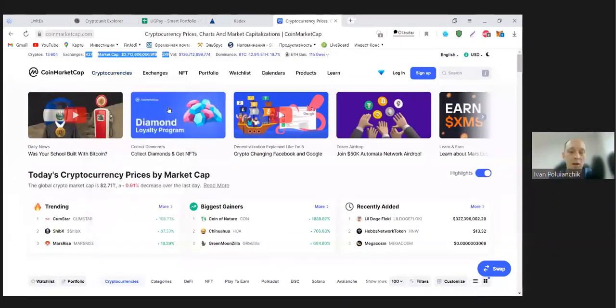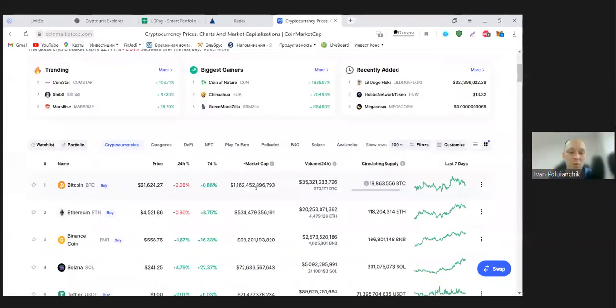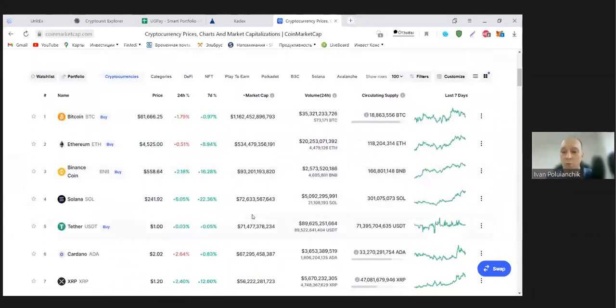The sum of all the values for all the currencies we have here at the top of CoinMarketCap shapes the market capitalization of the crypto market.